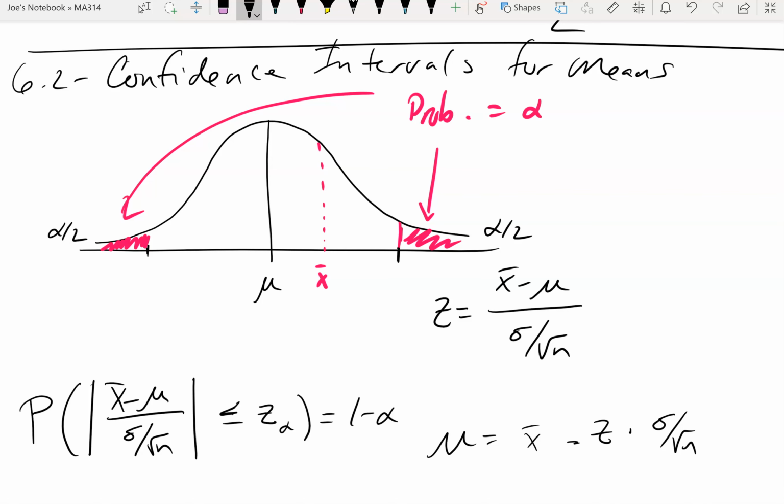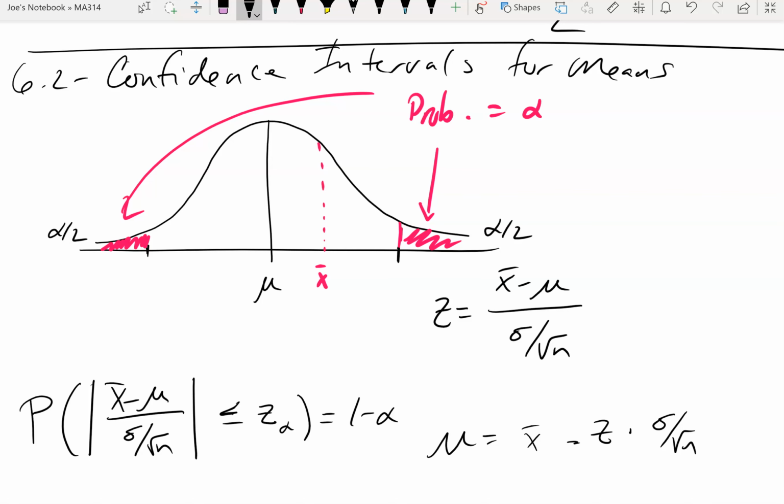All right, let's talk about these different pieces. What does this absolute value piece calculate? The z-score and how far away it is from the actual mean. This is giving me limits on how far away we're allowed to be from the true mean.